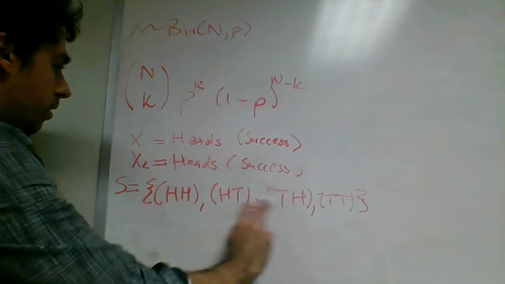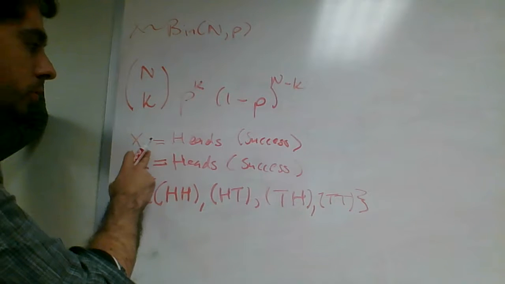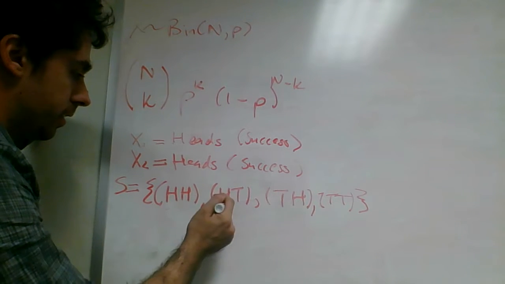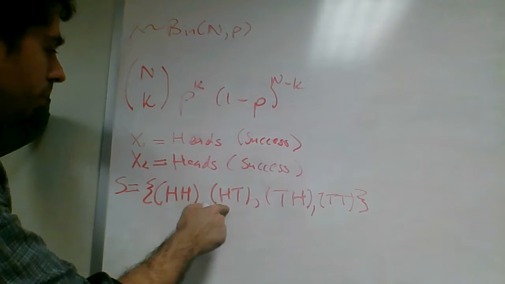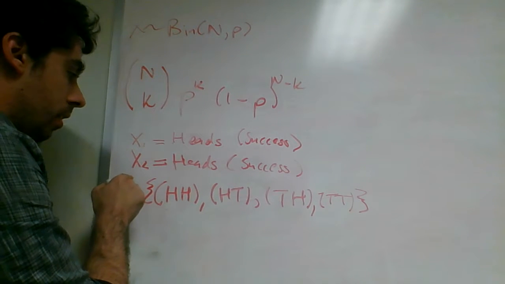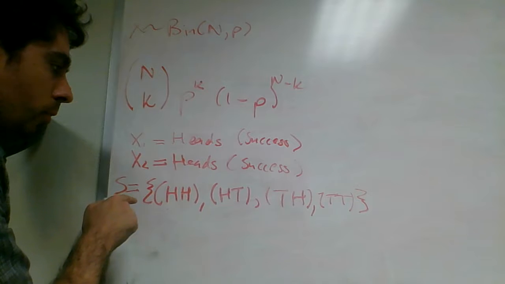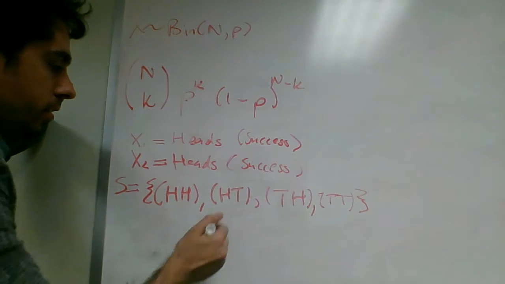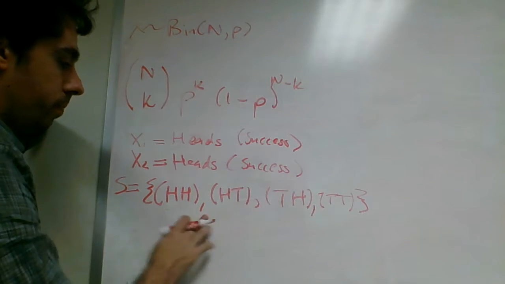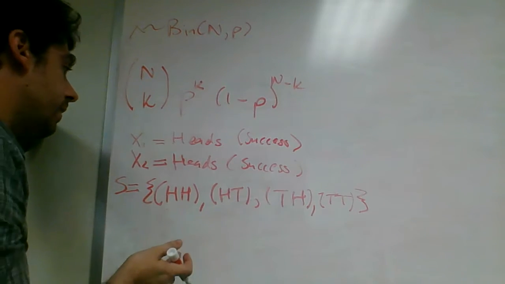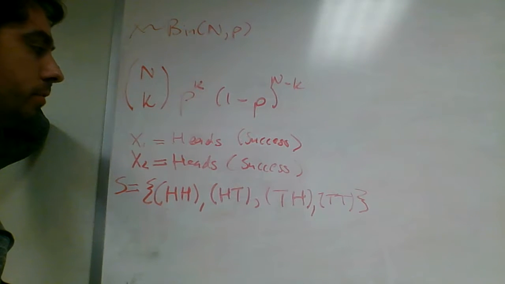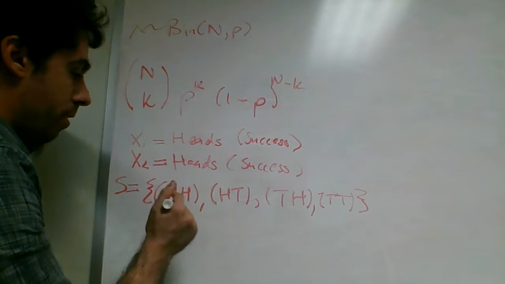Those outcomes where x1 is equal to 1 are going to be this instance and this instance, because the first coin flip is heads. And the two trials where the second comes up heads are this one and this one. So in both cases, the probability of the first head being a success is 1/2, because it's here and here.